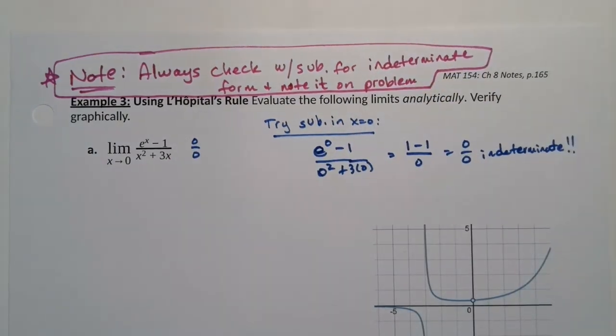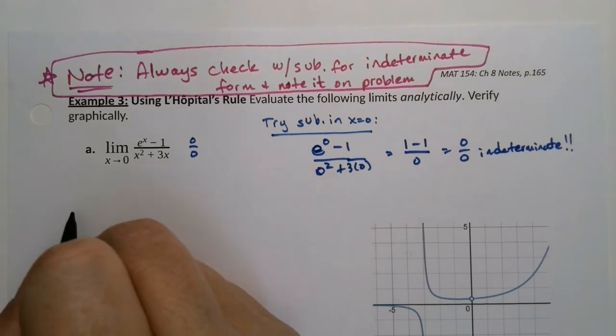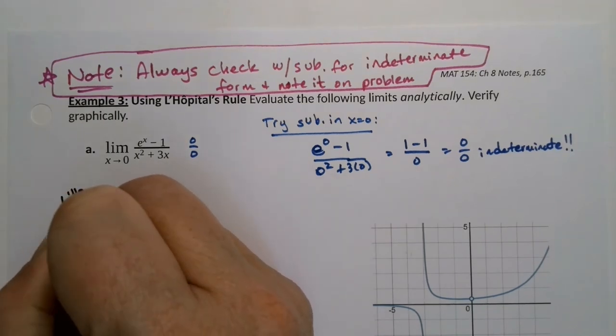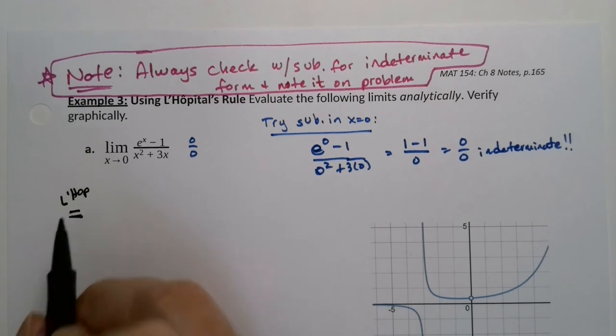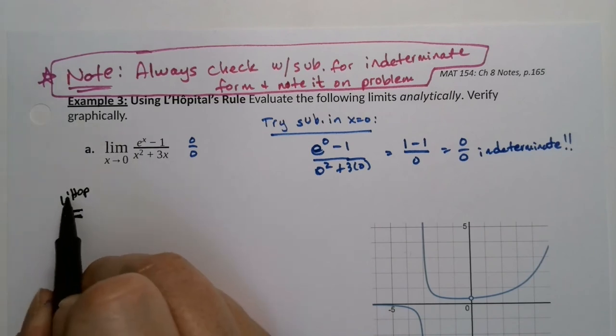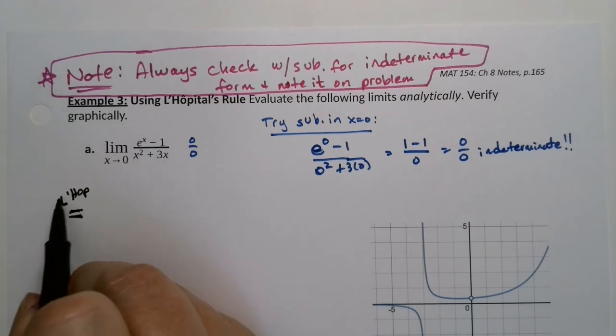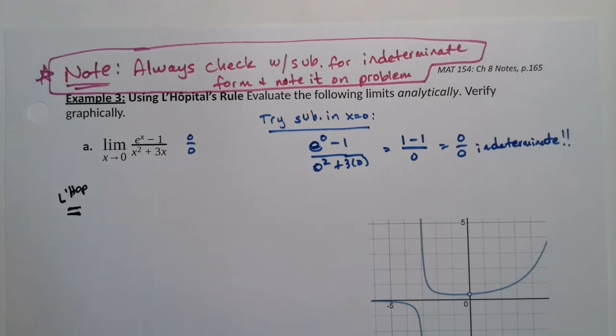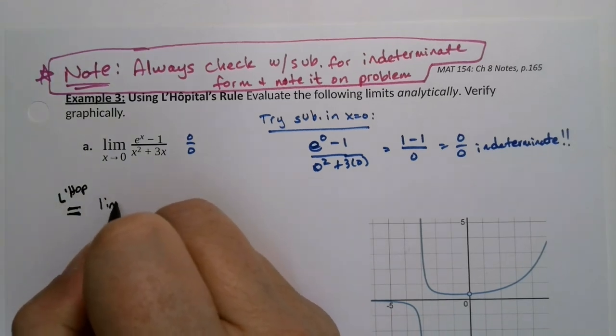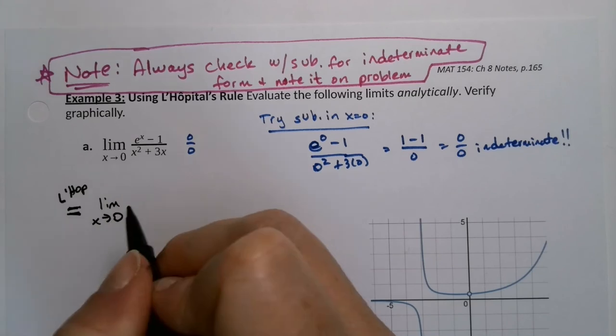Okay, then that means that we can say that is equal by L'Hopital's rule. You have to notate it either with an L apostrophe H or lope. That's what I do a lot, lope. It is equal to the limit, and you have to write that still because you haven't substituted anything.